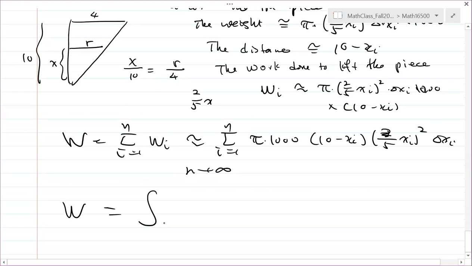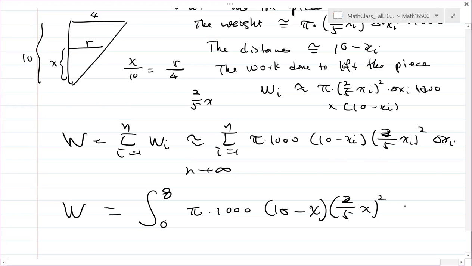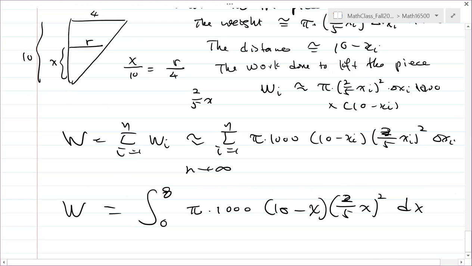So this is x from 0 to 8. Pi 1,000, change xi to x, and 2 over 5 x squared dx. Yeah, we get that because that's what we derived from the formula. Okay. Idea is very simple, calculus idea.